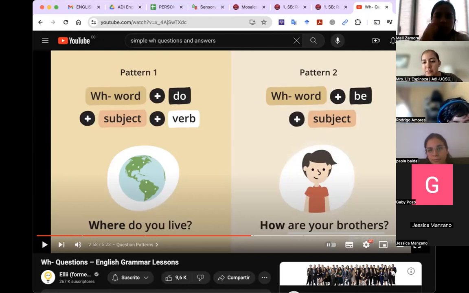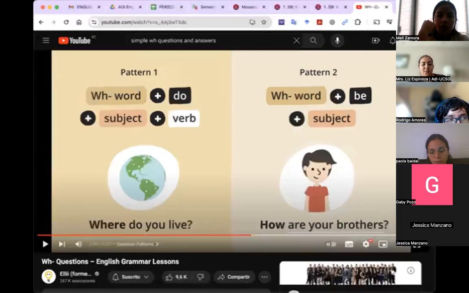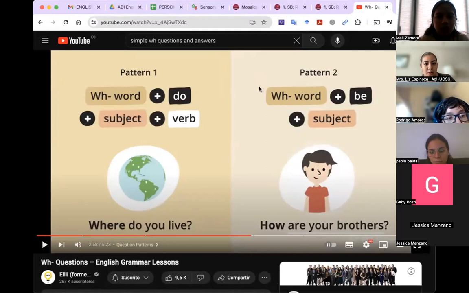Third person, is, she is my sister, right? So first, second, and third person: am, are, is. If you don't remember the changes of the verb to be, then you have Amadeus in order to remember, okay? So I'm going to put it in WhatsApp because I don't have some students here, and I would like them to remember this.